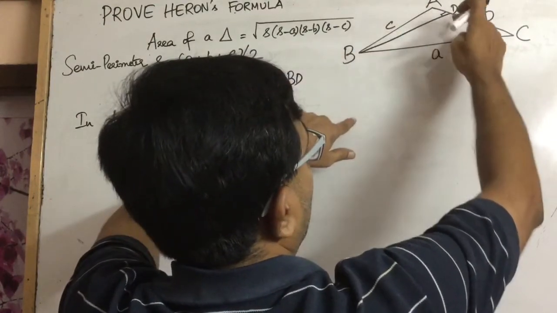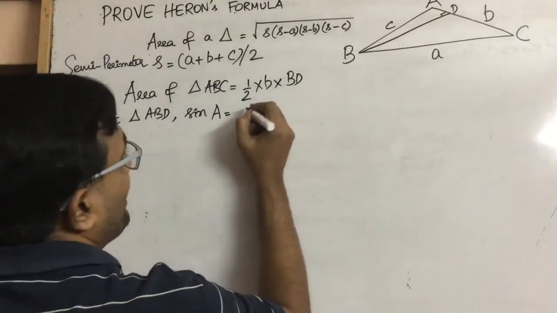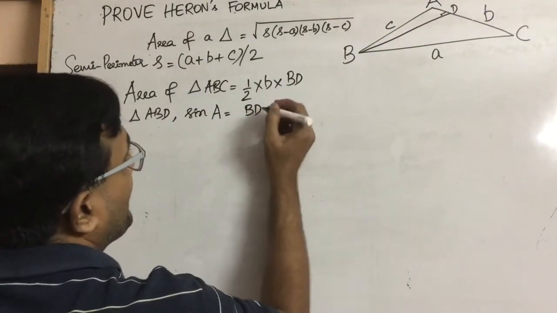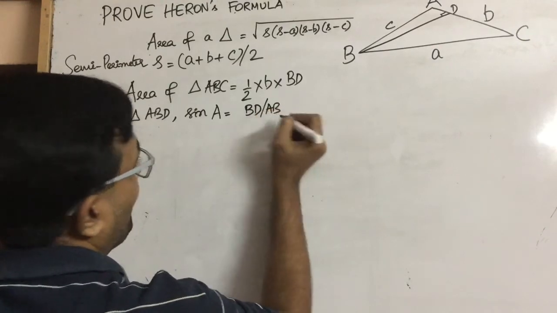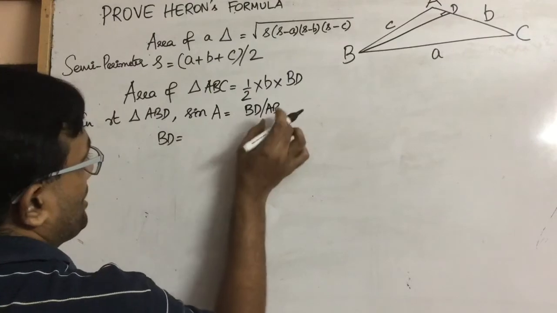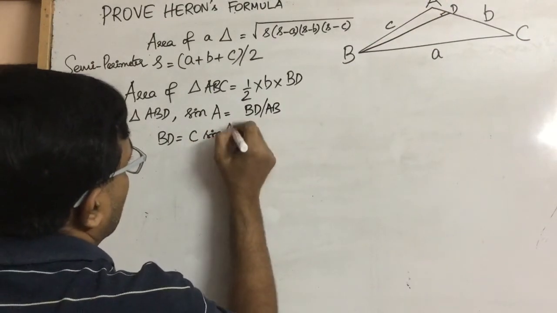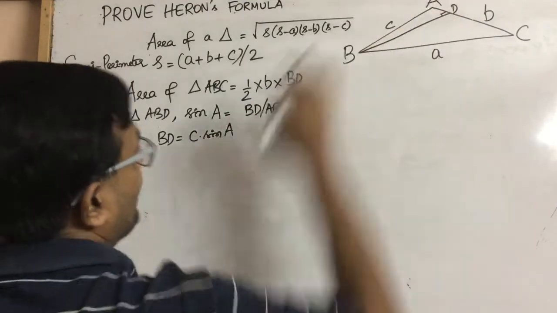Of course, the hypotenuse is going to be opposite to the right angle, and that's going to be AB. So sine A is going to be BD divided by AB. Or in other words, you could say BD is equal to AB, which is c, times sine A. The c is the length of AB.